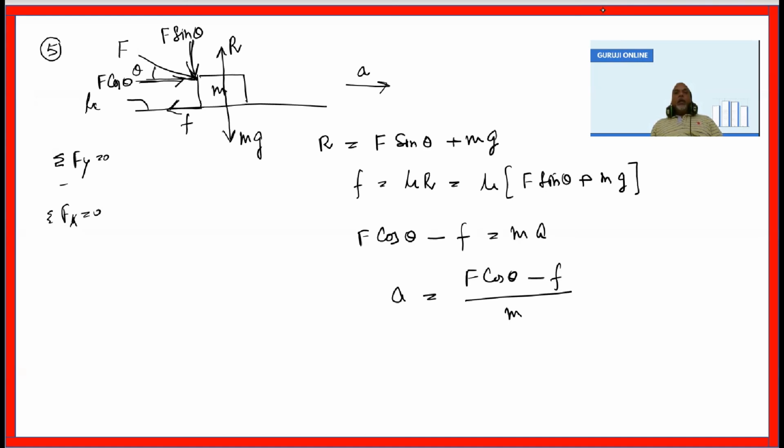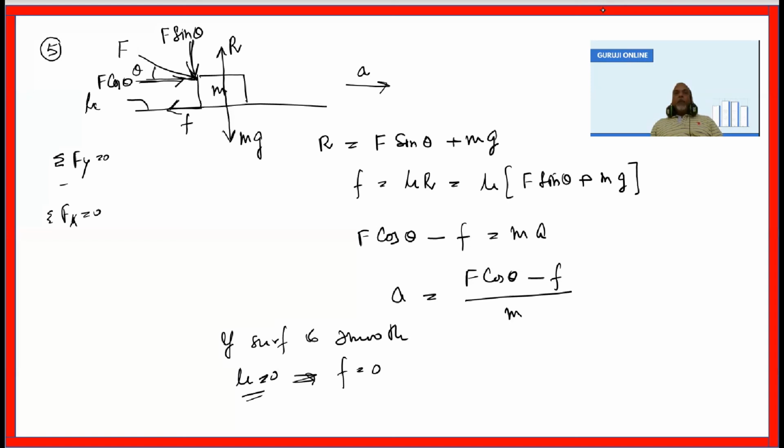Correct. And suppose in this case your surface is smooth, then f will be 0 because mu will be 0. You can put these 0 values, then you can get the equilibrium equations in case the surface is smooth.